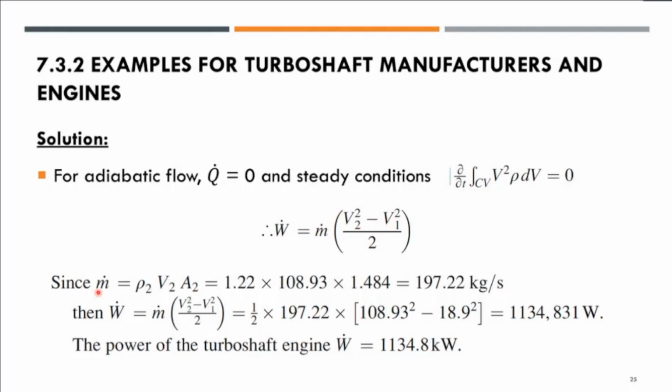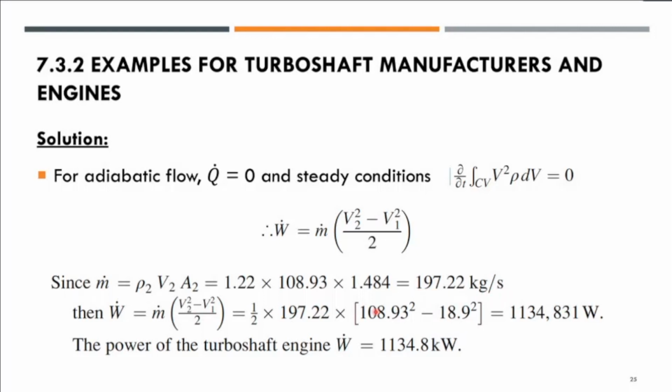Since m dot equals density times velocity times the area, and you know the density, the velocity and the area involved, you get m dot, the mass flow rate flowing through the rotor, upstream and downstream, equal to 197.22 kilograms per second.